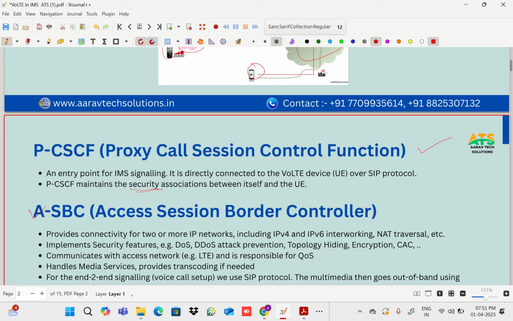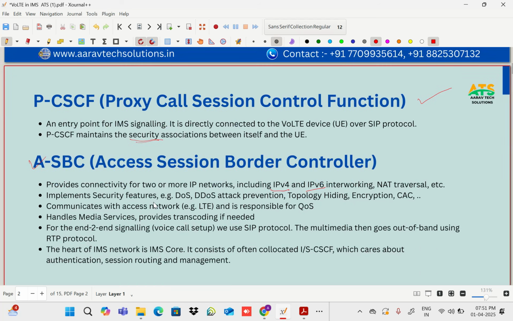It provides connectivity for two or more IP networks, including IP version 4 and IP version 6 network interworking. It also helps with NAT traversal, etc. It implements security features like DDoS attack prevention and hiding network topology, encryption and CAC.